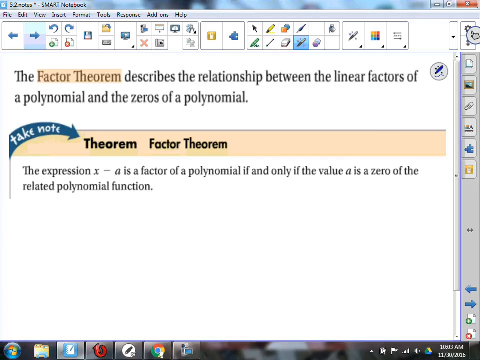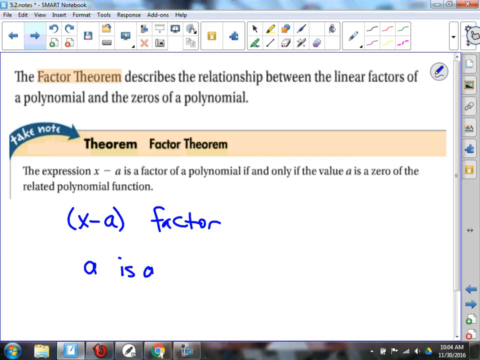Okay? So it's just saying x minus a is a factor. That's an a, not a 9. I better use a real marker. X minus a is a factor. So a is insert your favorite word, root. Solution to the equation, x-intercept.